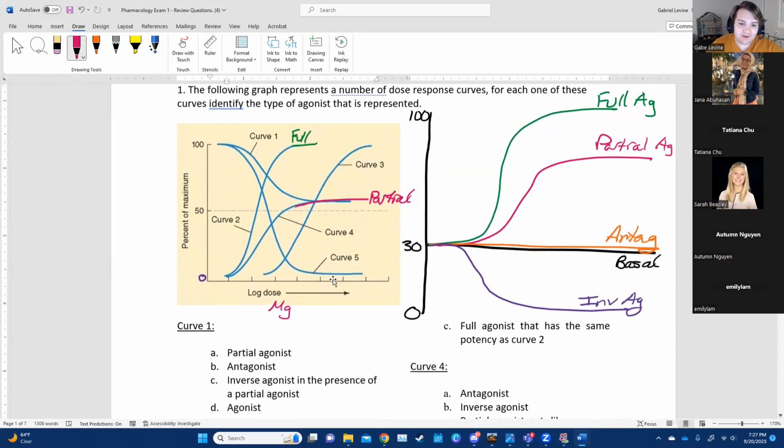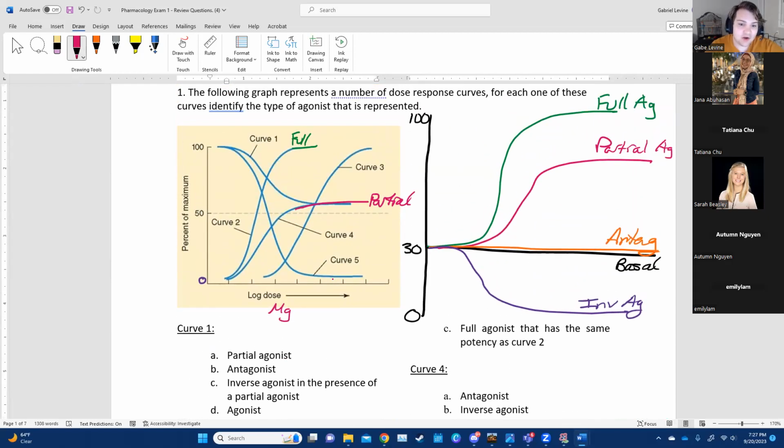Looking at curve 3, we see that it's the same sort of response, but it is shifted along the x-axis. And the x-axis is a measure of potency, whereas the y-axis is a measure of efficacy.